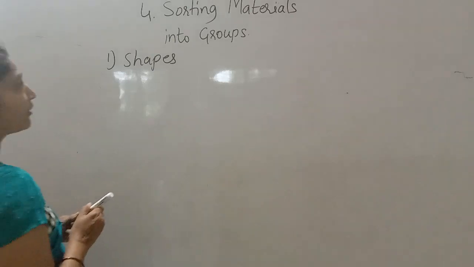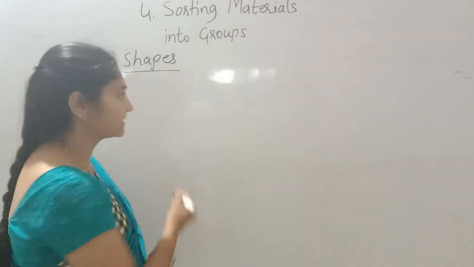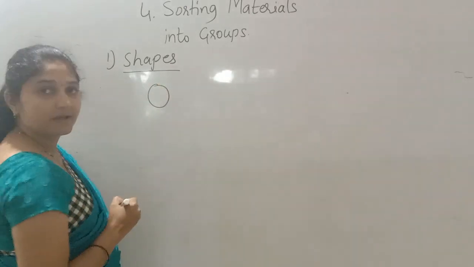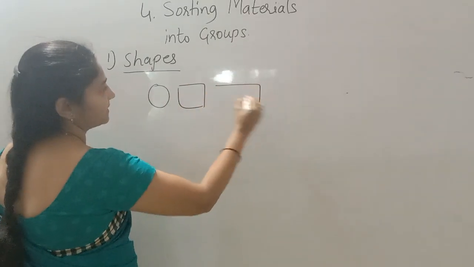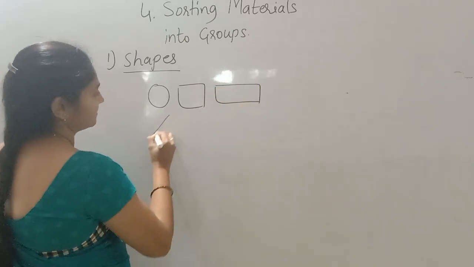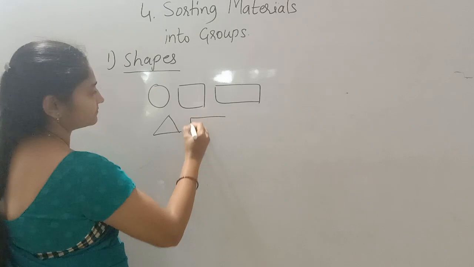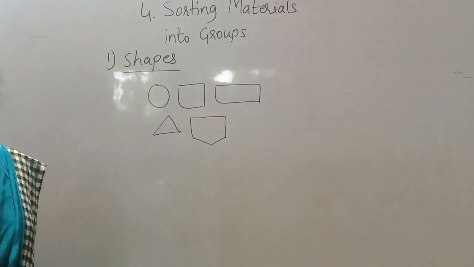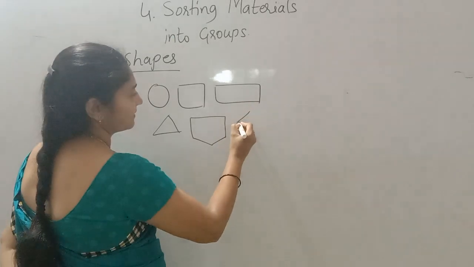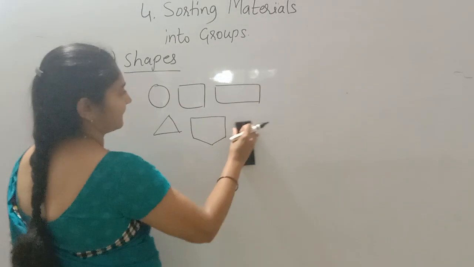So what all shapes have we studied? We studied round, circle, right, and square, rectangle, triangle, then pentagon, and hexagon.